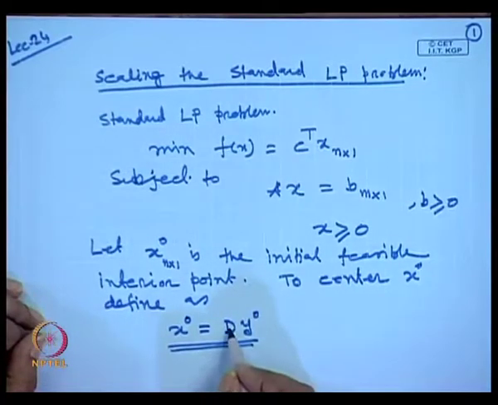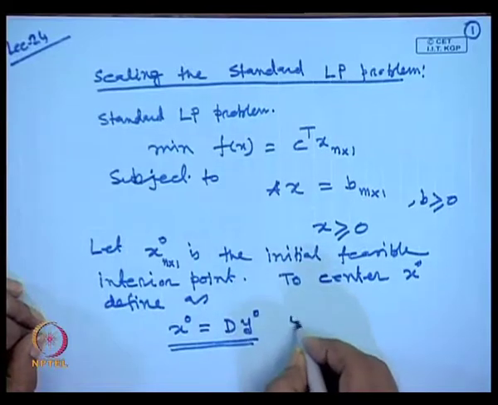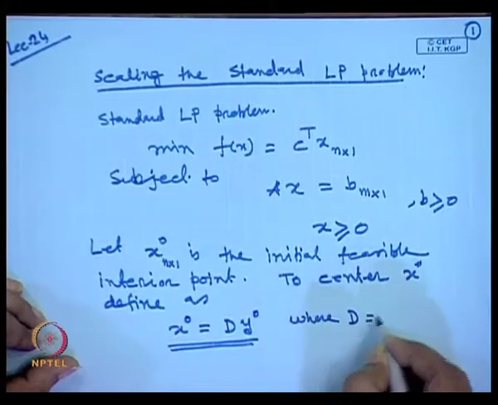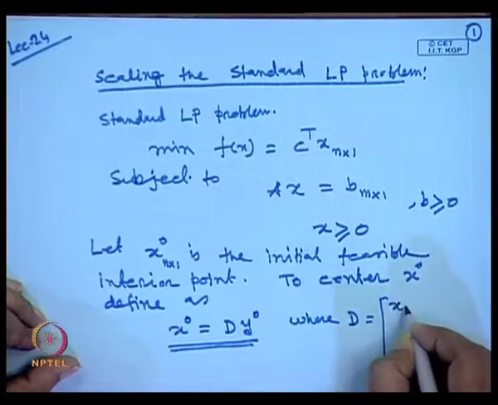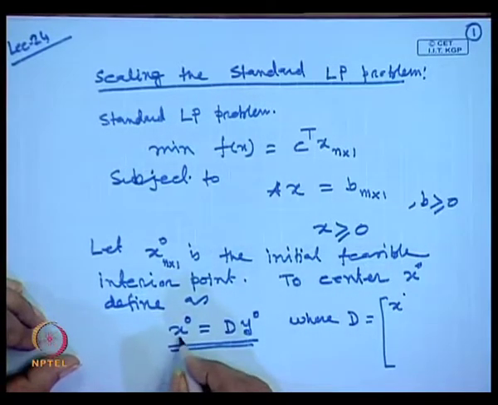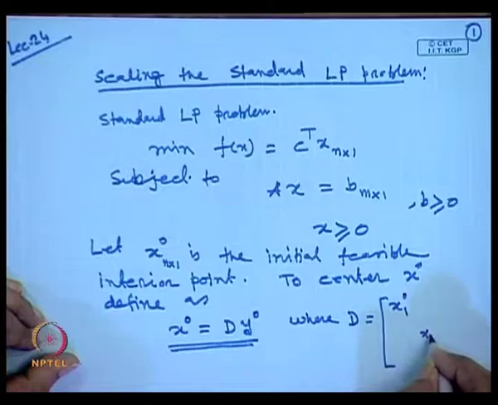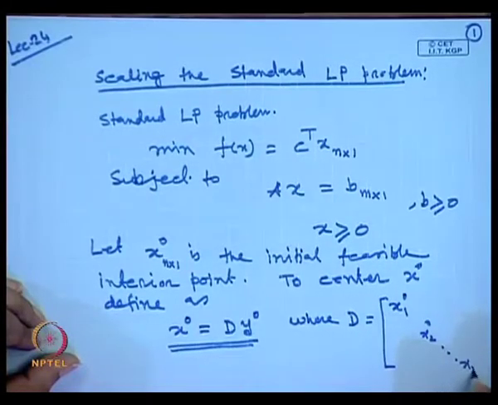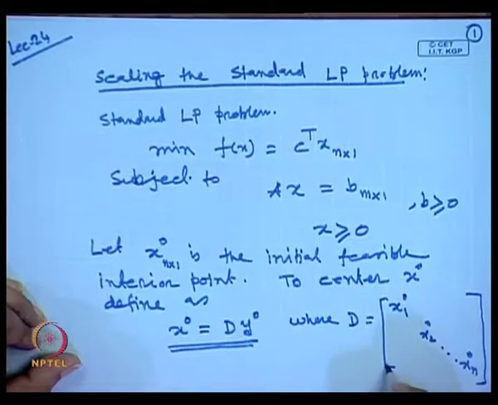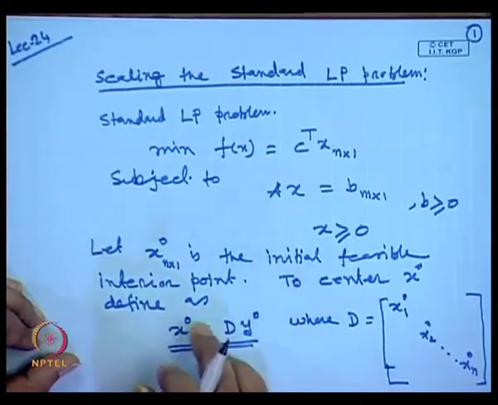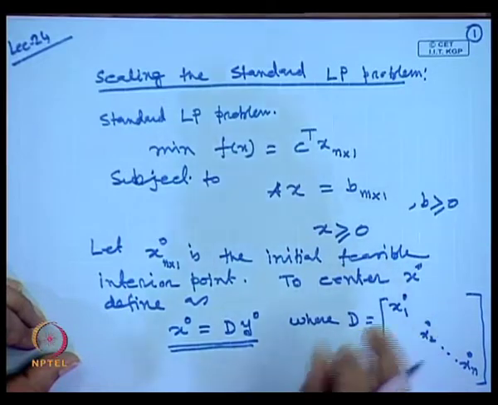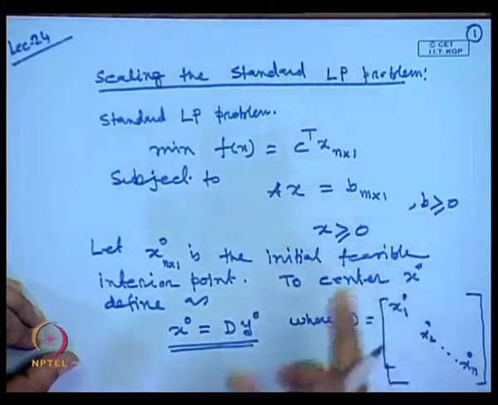The next question is, what should be the choice of D? We select D in this way: x of 0 has n elements, so D is the diagonal matrix with elements x1 0, x2 0, up to xn 0. This is the choice of our transformation matrix, which will convert the initial interior point in the feasible region into an equivalent interior point in the transformed system.